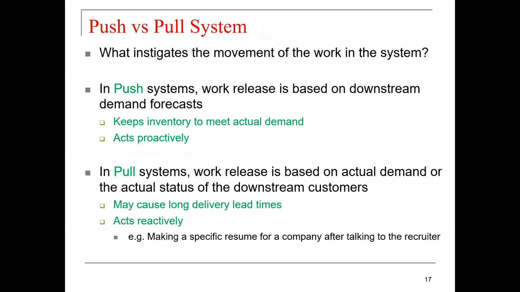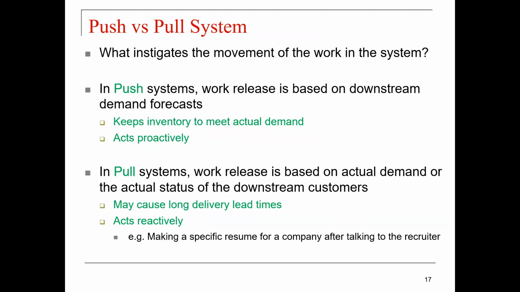Push versus pull systems. We talked a little bit about this when we discussed manufacturing processes. Push versus pull systems instigate the movement of the work in the system. In push systems, work release is based on downstream demand forecasts.